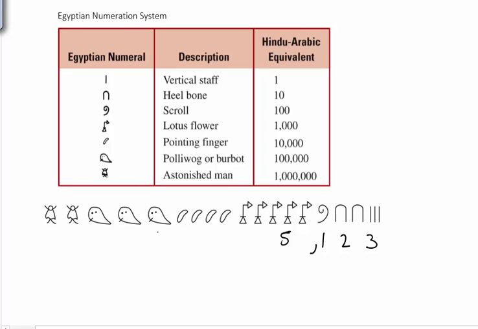Then we have 4 pointing fingers. That's interesting. 3 pollywogs. So there's our next number. And 2 astonished men. So this would translate to 2,345,123. But there it is in Egyptian.